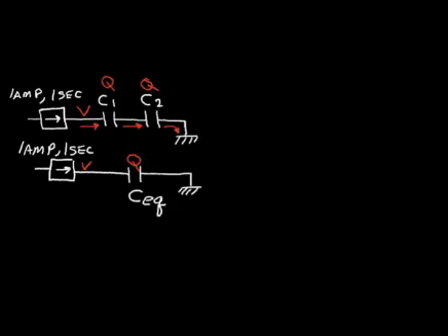Now let's recall that charge is equal to the capacitance times the voltage across the capacitor. So the voltage across C2 I'll call V2, and the voltage across C1 I will call V1.